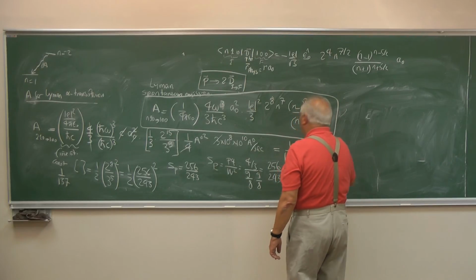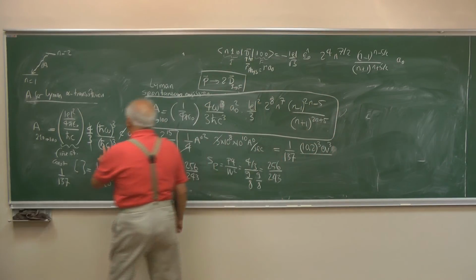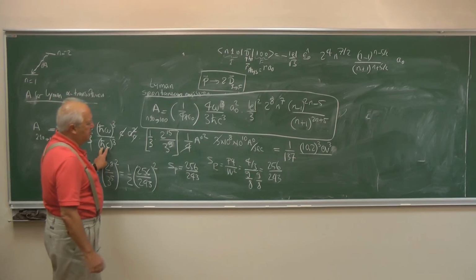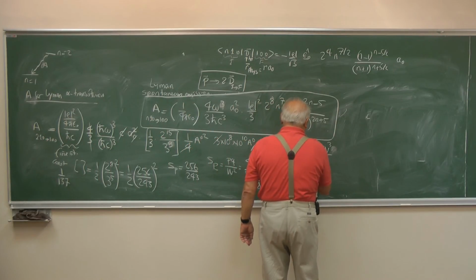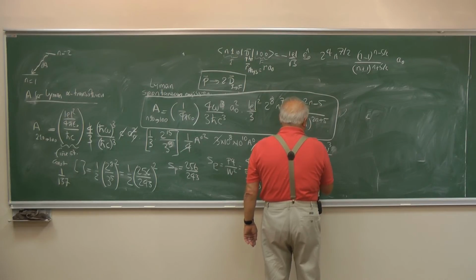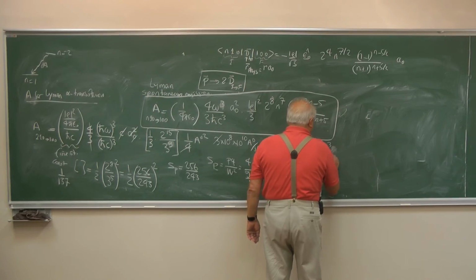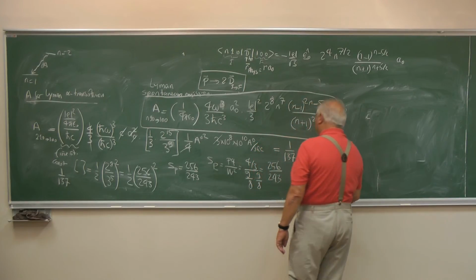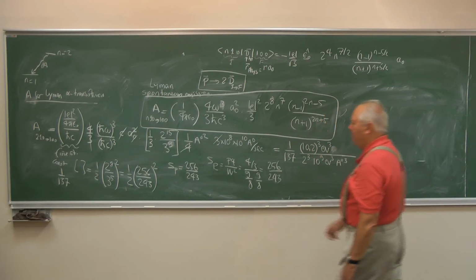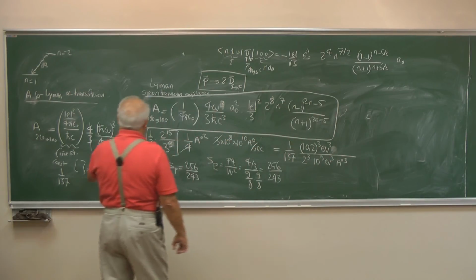Divided by, this is 2000 electron volt angstrom. So it is 2 to the cubed, and 1000 to the cube is 10 to the 9 electron volt cubed angstrom cubed. Where am I? I am here.